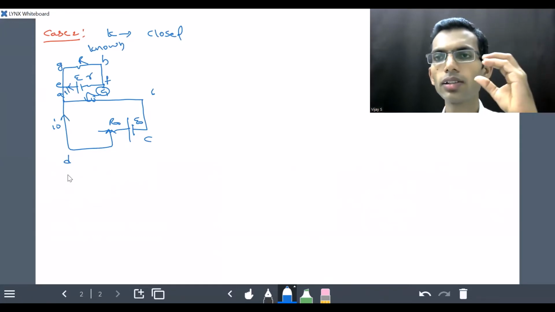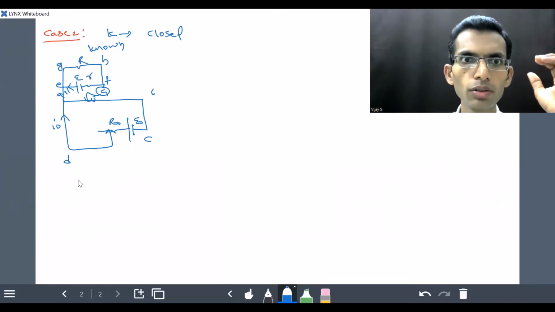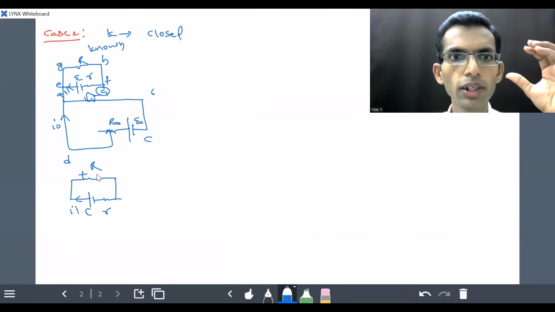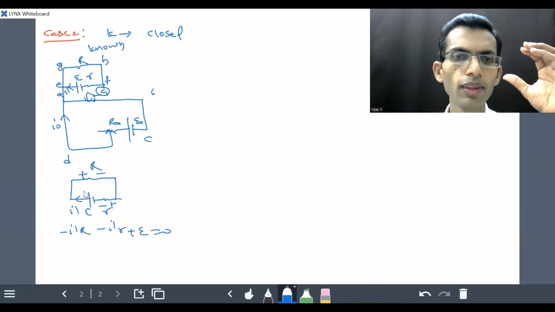What is that current? Let us obtain it. For that we need to apply KVL. Let me draw the loop again so that things will be clear. This is the cell, and I dash is the current. Applying KVL, I dash R minus I dash small r plus E is equal to 0.